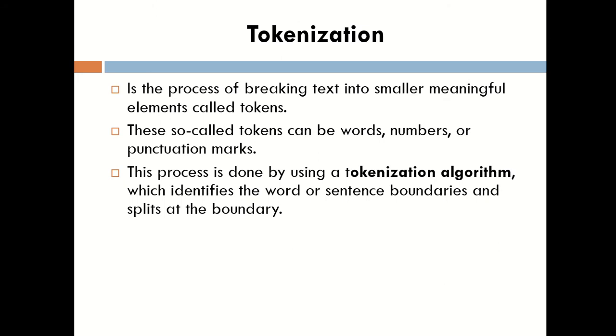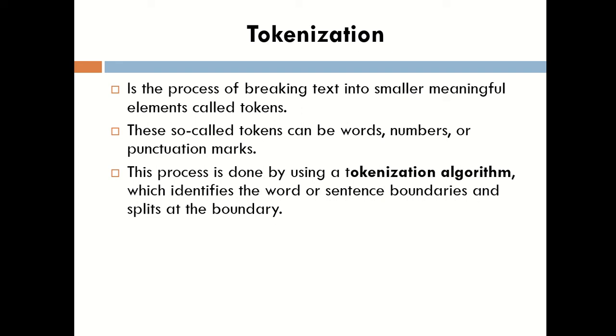Tokenization is the process of breaking your text into smaller, meaningful elements called tokens. Tokenization is like chopping vegetables. It chops either your sentences or your paragraphs, so that paragraphs can be converted to sentences and sentences can be converted to words.